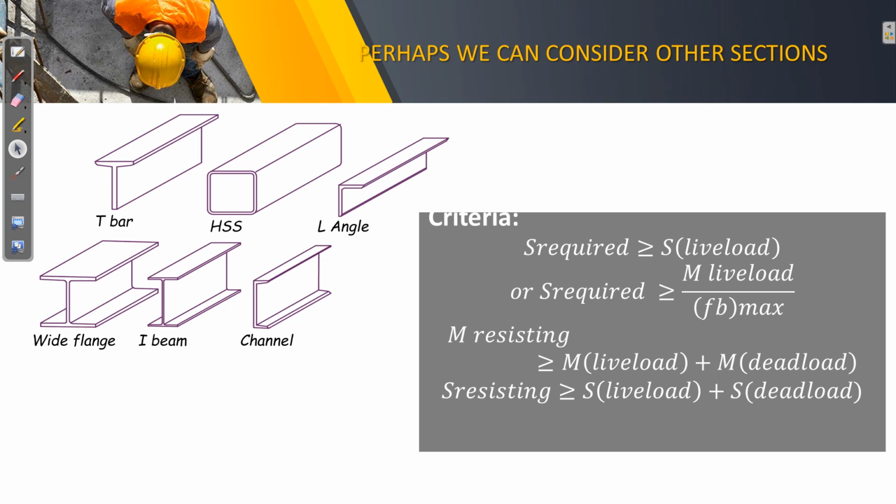Of course, these are already tabulated in a series of tables on various geometrical shapes. So S required should also be greater than or equal to, of course, this is just using the formula.